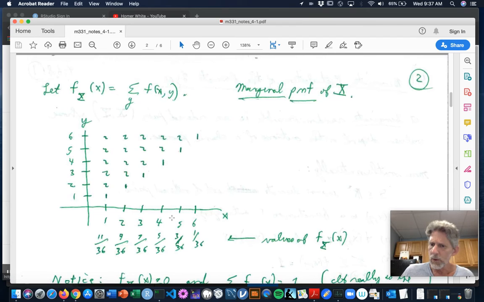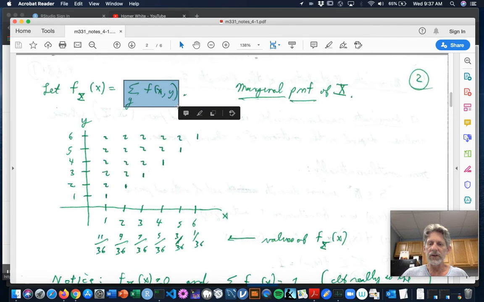So, intuitively what I'm doing here is I'm adding up the probabilities for all the different ways for capital X to be 2. So that ought to be the chance that capital X is 2.